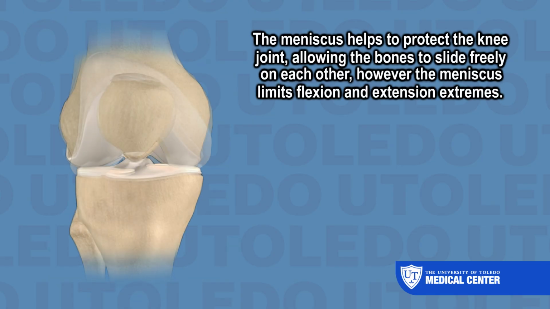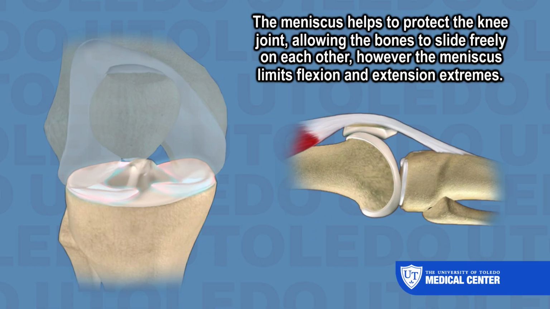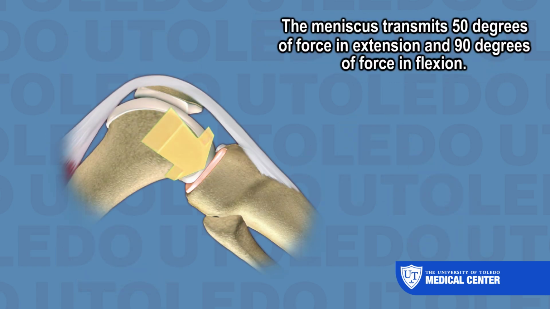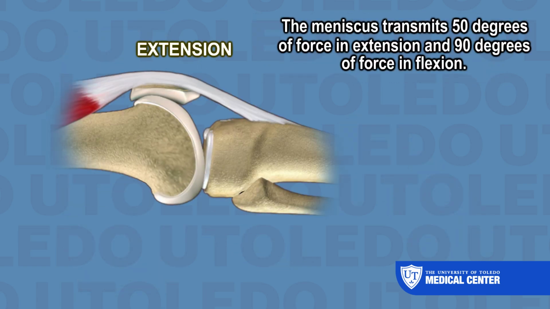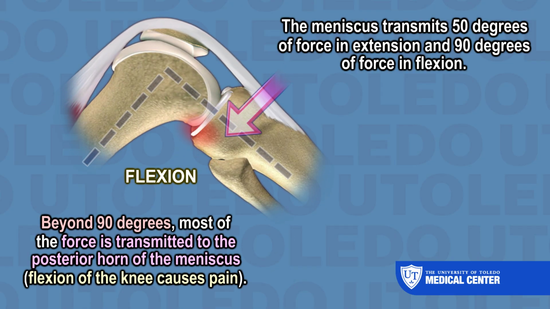The meniscus helps to protect the knee joint, allowing the bones to slide freely on each other. However, the meniscus limits flexion and extension extremes. The meniscus transmits 50 degrees of force in extension and 90 degrees of force in flexion. Beyond 90 degrees, most of the force is transmitted to the posterior horn of the meniscus. Flexion of the knee causes pain.